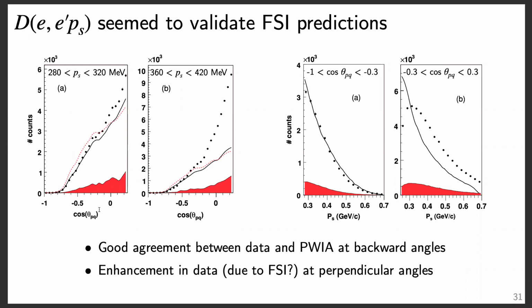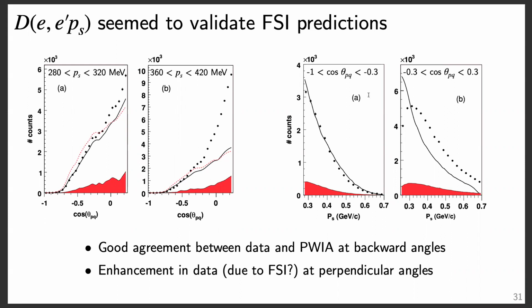And what you see is that when you compare the data, which are the points, to a PWIA calculation, which assumes no FSI, in the solid line, when you're at very backward angles, you get good agreement. And then once you get to more perpendicular angles between P and Q, there's this large enhancement in the data that is not seen by the PWIA calculation.